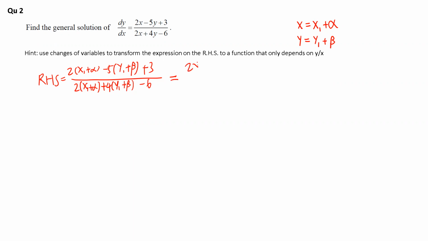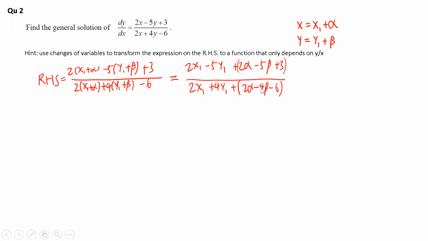So I have this 2x1 minus 5y1, and then plus 2 alpha minus 5 beta plus 3. And for the denominator, 2x1 plus 4y1 plus 2 alpha minus 4 beta minus 6.